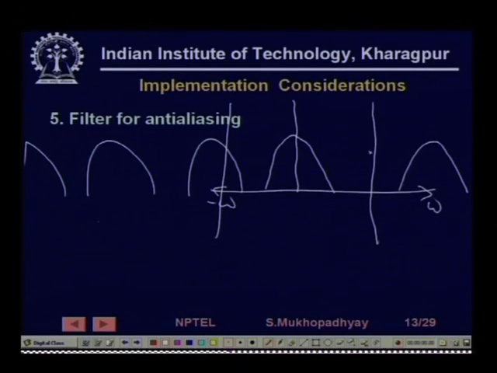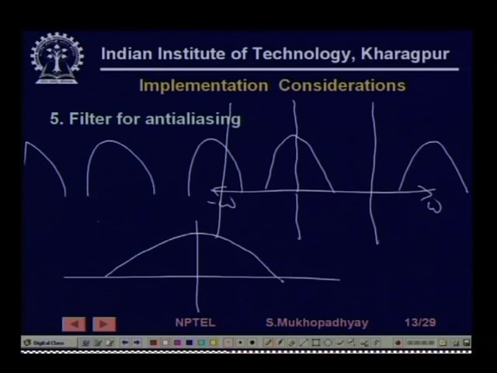Now imagine that you make the sampling frequency low. I am just exaggerating the other way. Suppose the signal has this bandwidth and you are sampling it at this frequency. Then these lobes will start overlapping. So, this will be one of the lobes and probably this will be the other lobe.